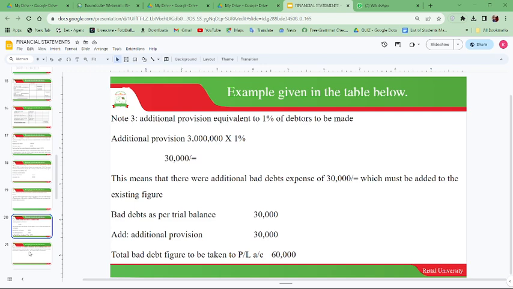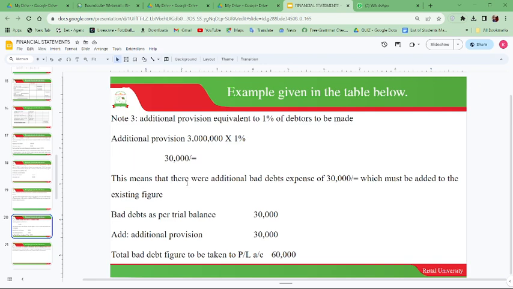Here we have an additional provision equivalent to 1% of debtors to be made. The debtors were 3,000 times 1%, which gives us 30.